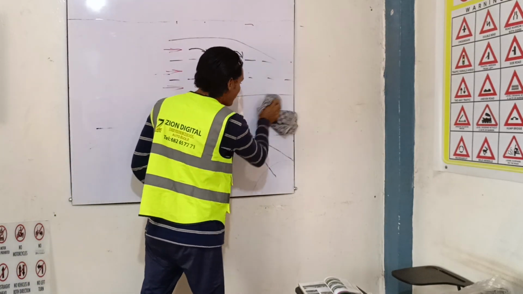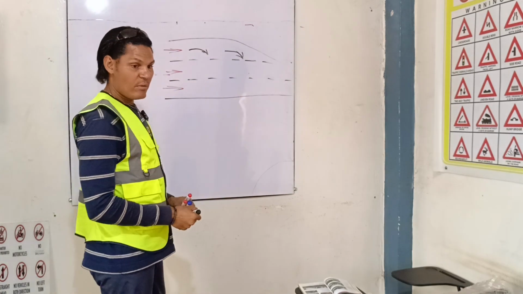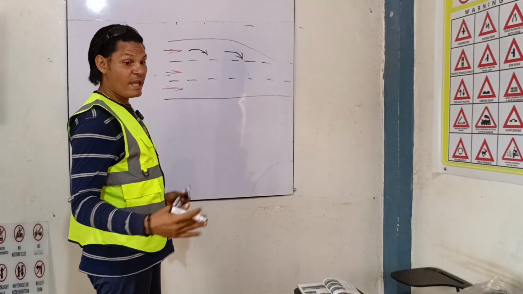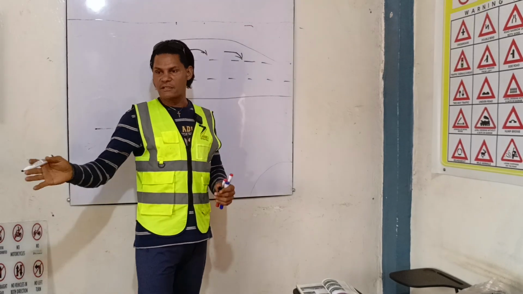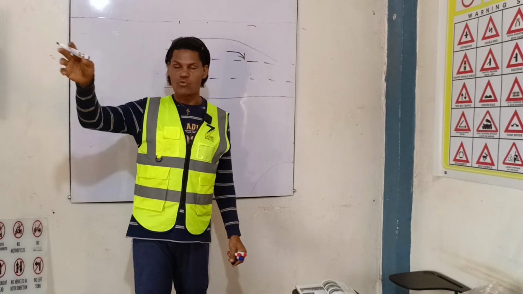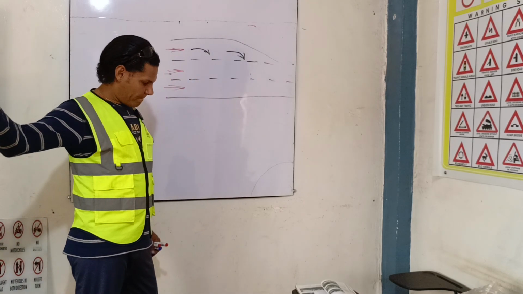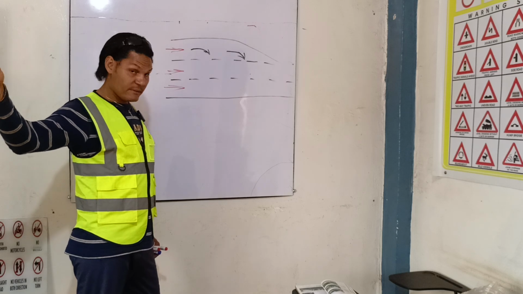This one mostly happens here at the CR. We get a one-way road, but we get multiple lines for traffic, right?